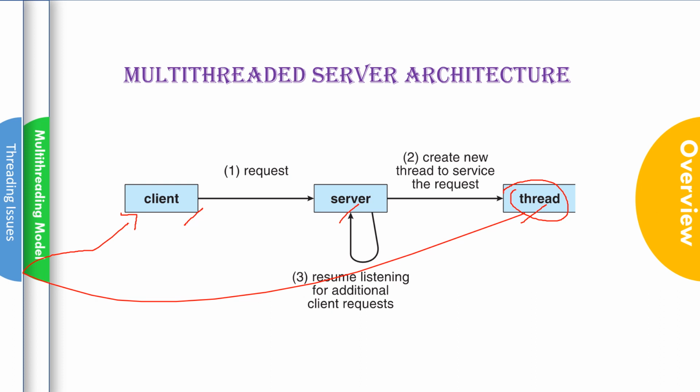So this is how a multi-threaded web server works. Every time a new request comes, it creates a new thread and it itself waits for the incoming client's request. So this way a web server can serve multiple requests simultaneously.